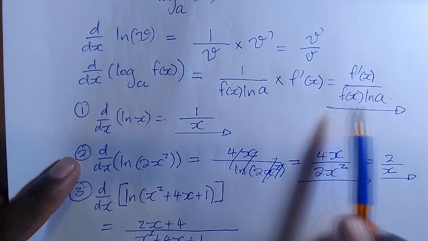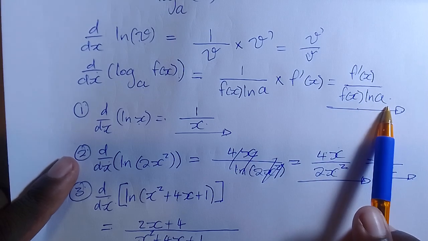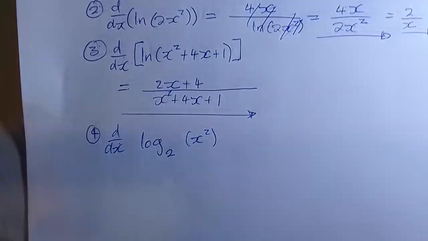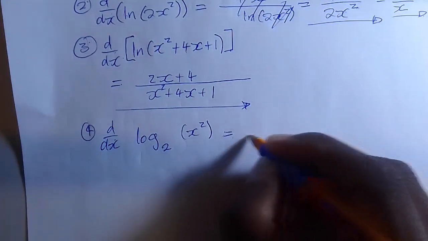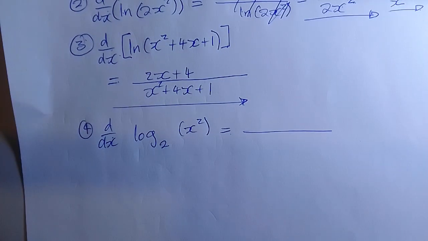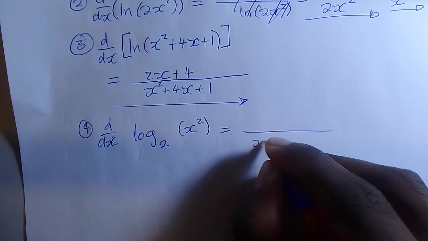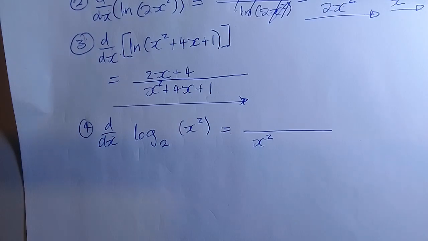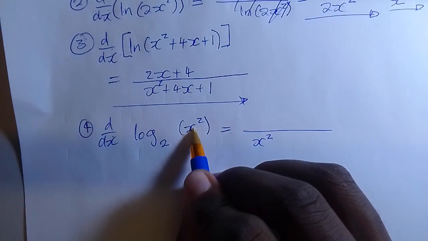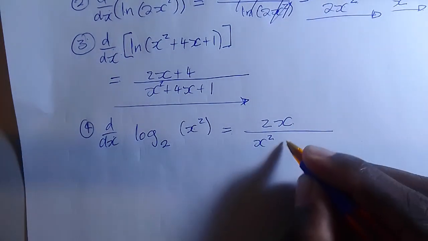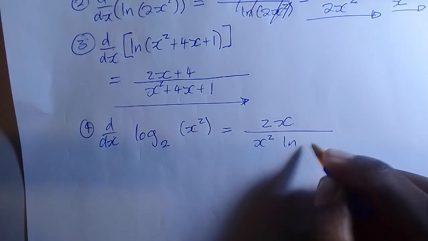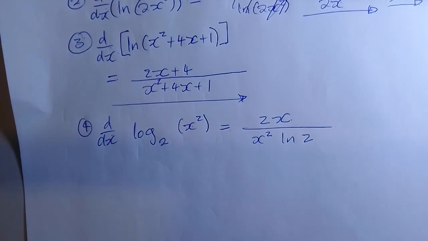It's still the same as before, just adding ln base on the denominator. So we say, let's put that exact function on the denominator, x squared. On the numerator, we want the derivative of this, which is 2x. And then we just need to add ln 2. That's your answer.